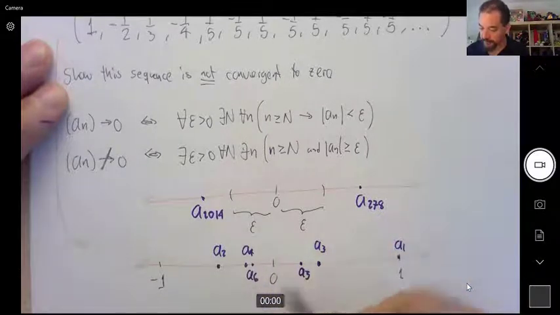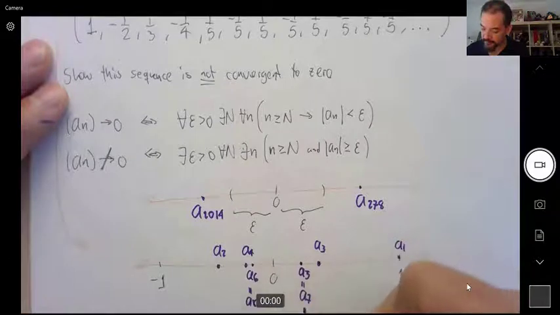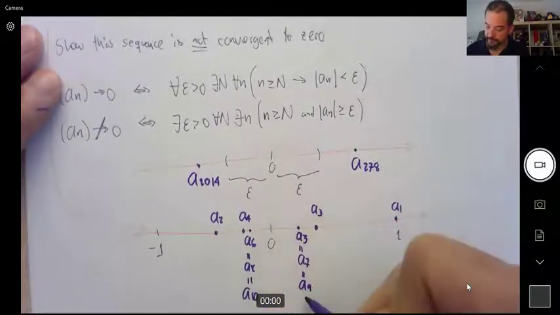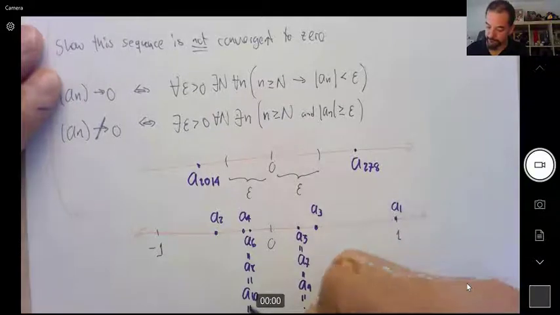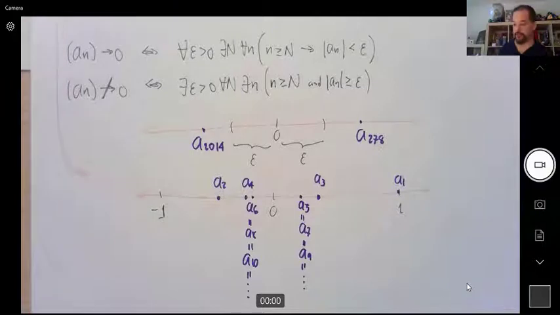And then they start repeating. So this is A7, A8, A9, A10, and so on. Based on that picture, you should be able to tell me what interval I should pick around 0 such that I can find elements as big as I want that are outside. How big should I make my interval around 0?